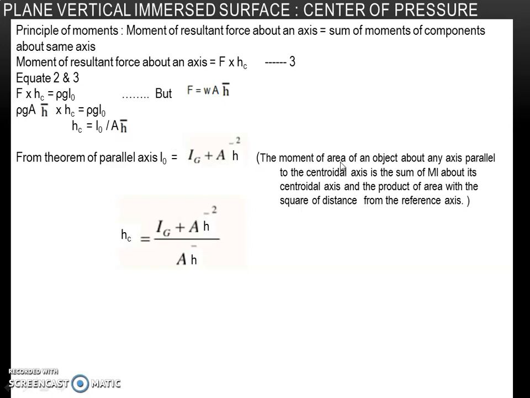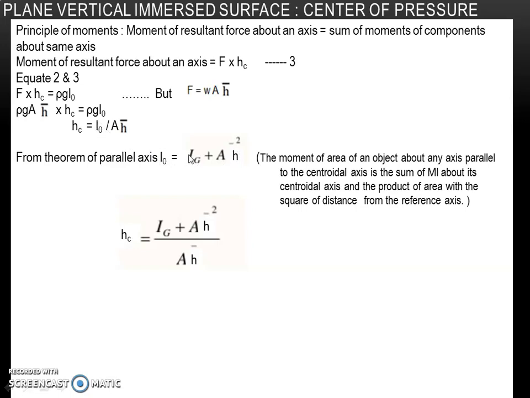We know that the theorem of parallel axis states that the moment of inertia of an object about any axis parallel to the centroidal axis, that is I naught, will be equal to sum of moment of inertia about its centroidal axis, that is Ig, and the product of area, that is A, and square of distance from the reference axis, that is h bar square.